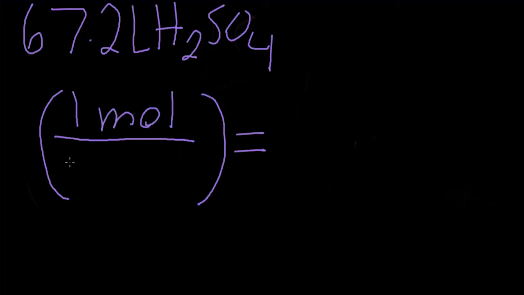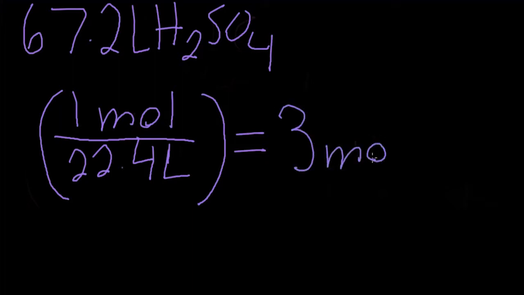Now, 22.4 is a constant we use for converting between moles and volume, and the volume has to be in liters. Multiplying it all together, 67.2 divided by 22.4 leads you to 3 moles of H2SO4.